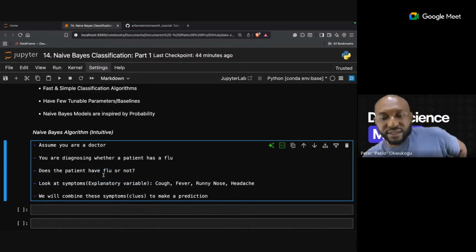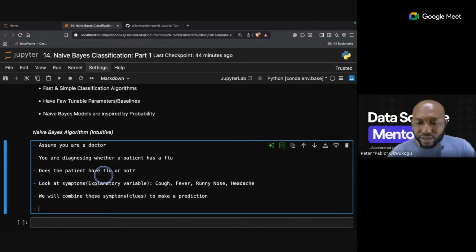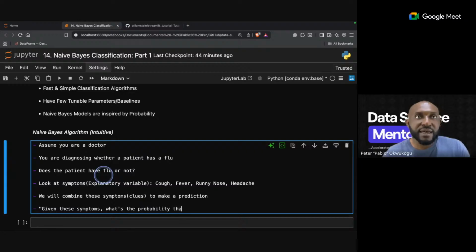In fact, there is even a nicer way to look at it. We're going to look at it this way and say, given these symptoms, what's the probability this patient has flu?